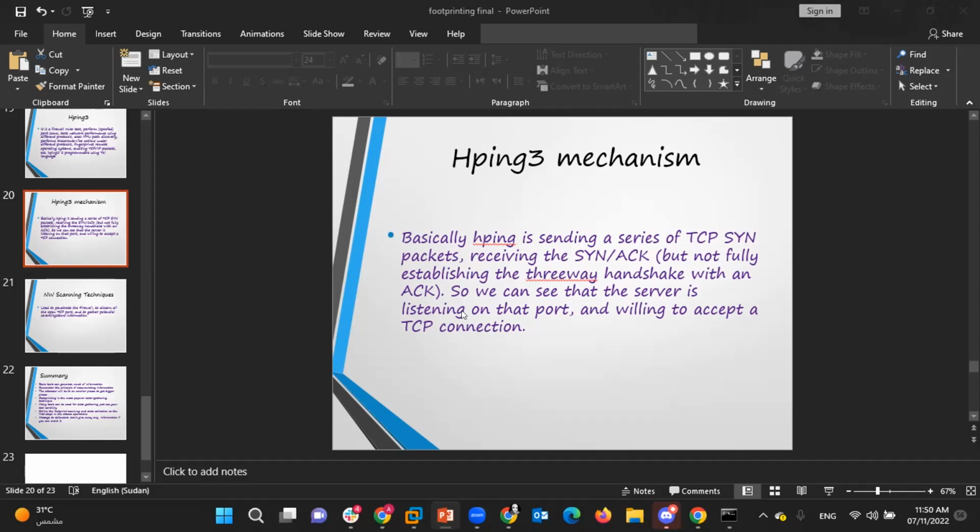When the attacker sends the SYN packet to the server, he receives the SYN-ACK, which is not a fully established handshake, but it shows the port is listening and willing to accept a TCP connection.